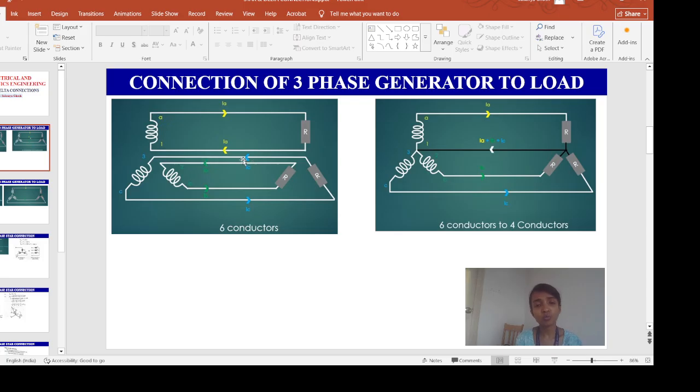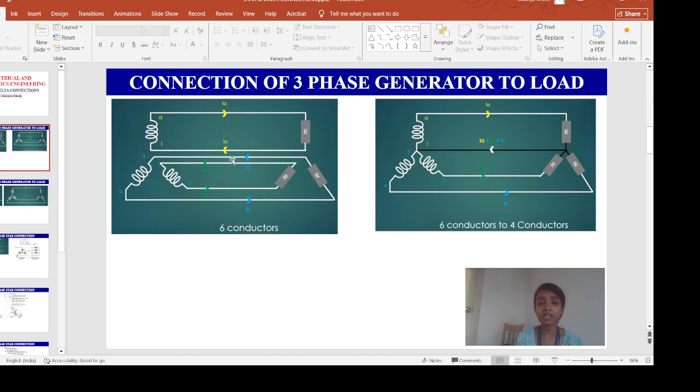So why don't we make a common connection of this return path? That means instead of these three conductors which are presently used as neutral paths, why can't we make them a single path? Because if you look at this system, we have a total of 6 conductors, 1, 2, 3, 4, 5, 6.